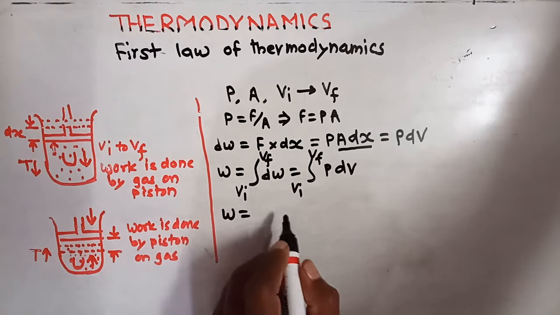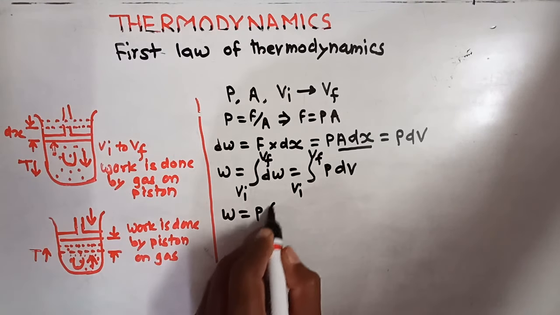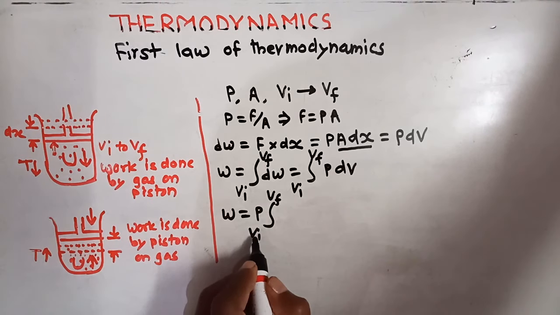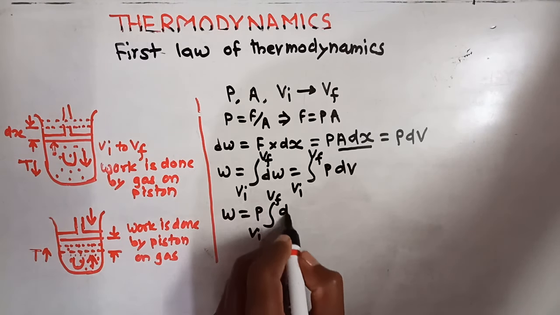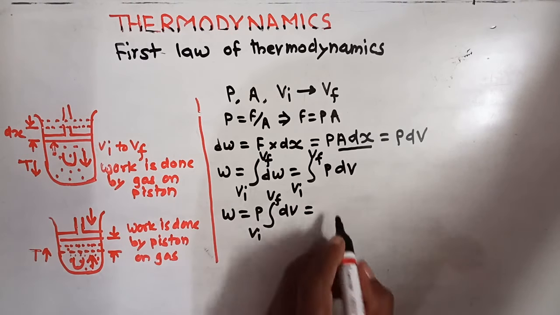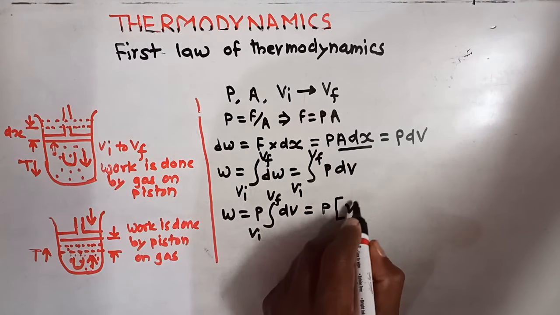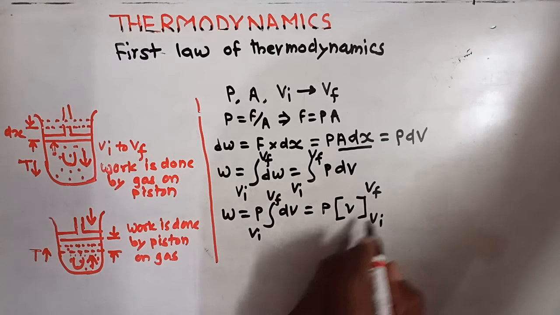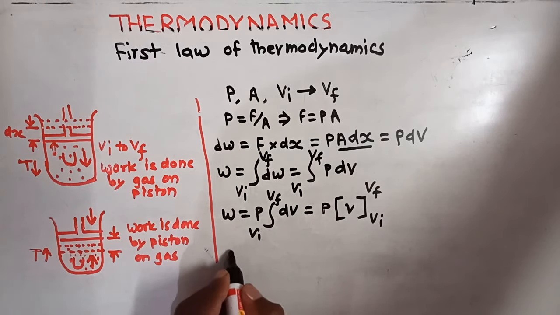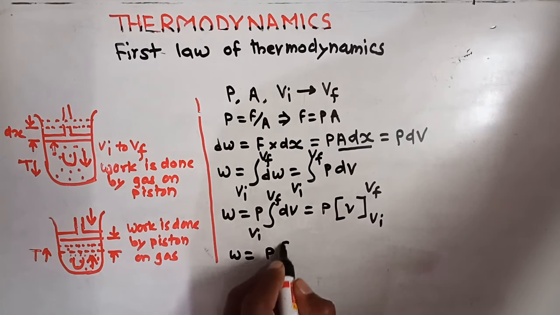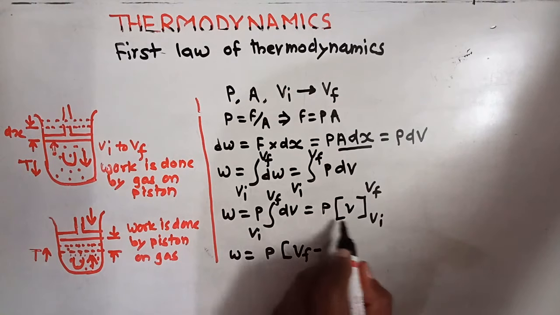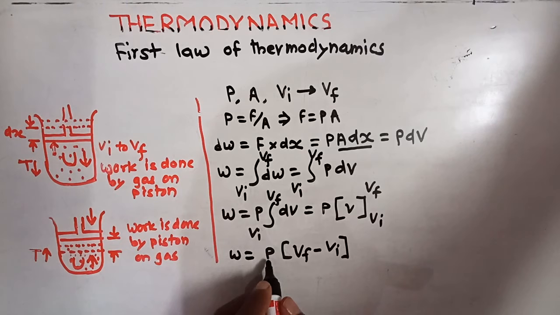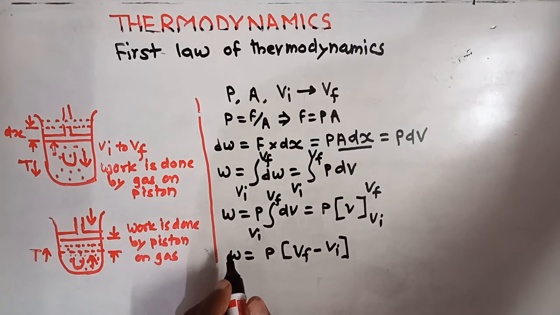W is equal to P outside the integration, and the limits of integration are from Vi to Vf, into dV. Integration of dV is equal to V, and the limits are from Vi to Vf. Now let us substitute the limits. What we get? P into Vf minus Vi. This is the change in volume into pressure. This much work is done.